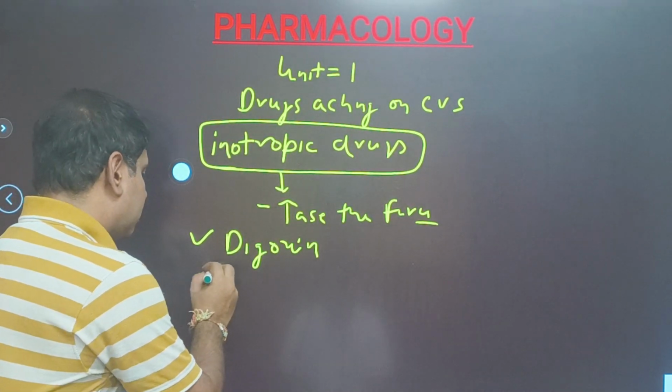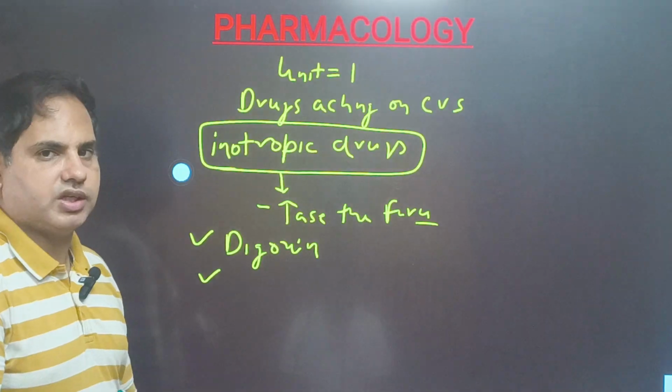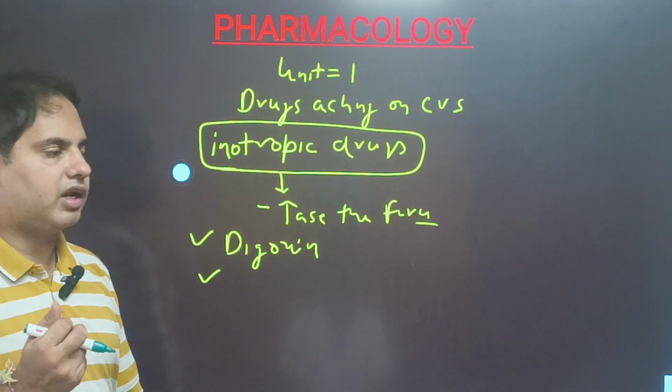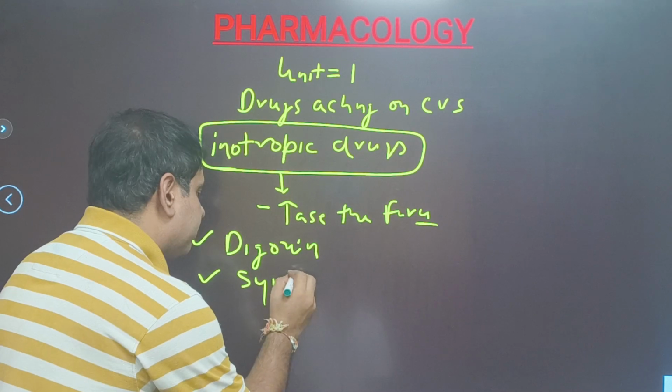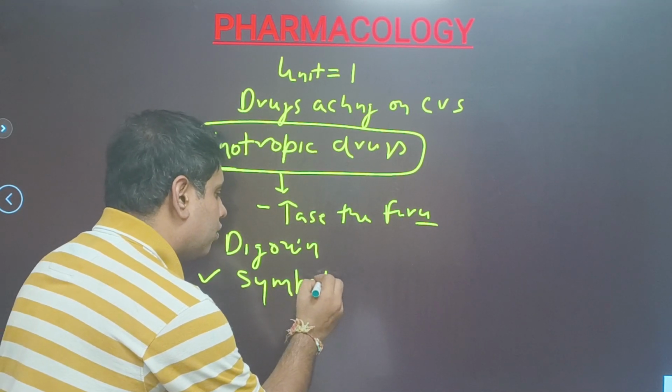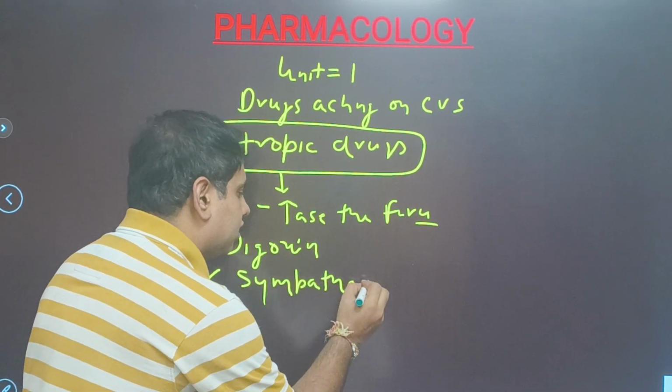Another class of drugs under inotropic drugs, which increase the force of contraction of the ventricles, is sympathomimetic drugs.